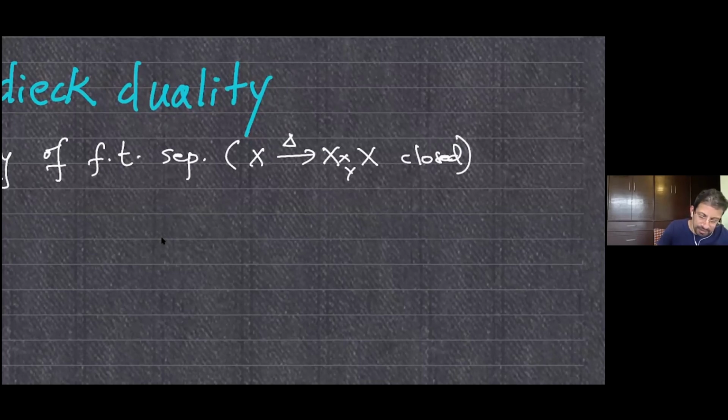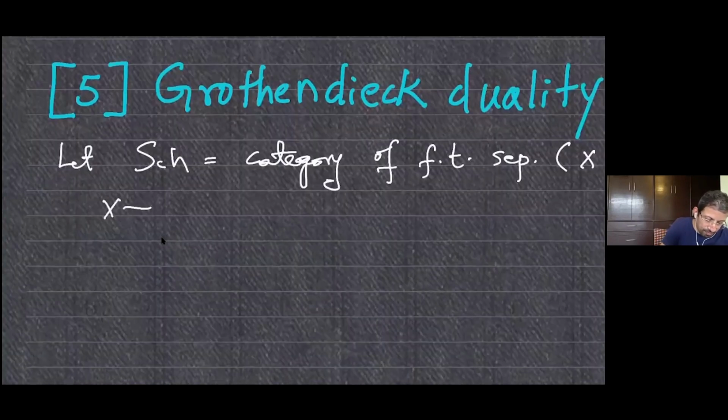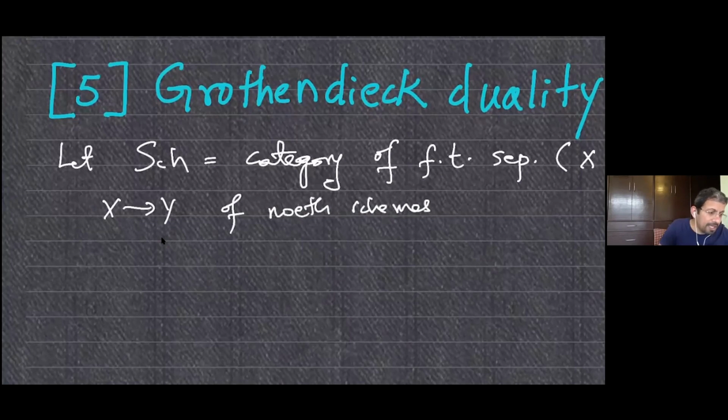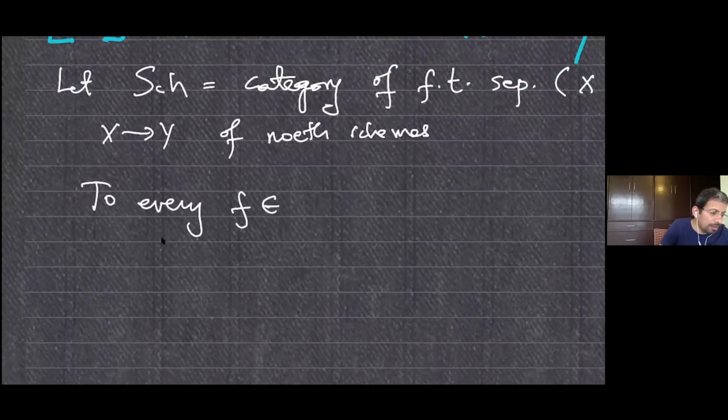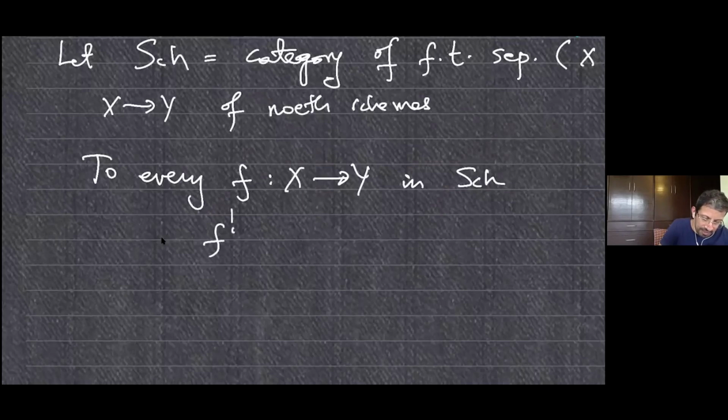So such maps X to Y of Noetherian schemes. I'll take this category, and what Grothendieck duality does is to every map f, X to Y in schemes, assign a functor f shriek to D_QC with a superscript.